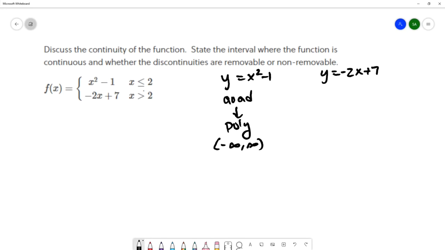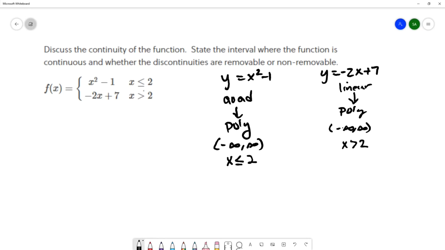So certainly it will be defined and continuous on this interval where x is less than or equal to 2. The equation y equals -2x plus 7 is a linear equation, which is a type of polynomial, and it is also defined and continuous over all real numbers and will be defined and continuous on the interval where x is greater than 2. So our only concern with this piecewise defined function is where we join them together.